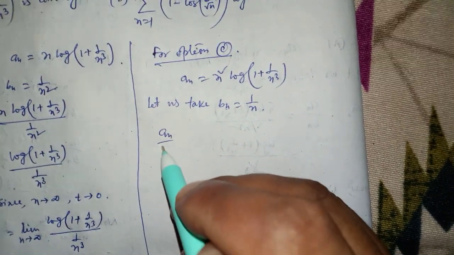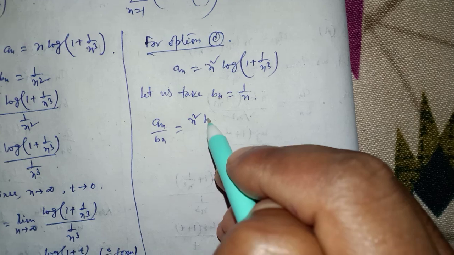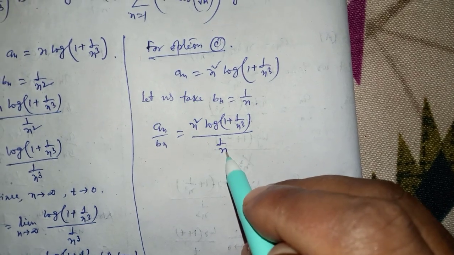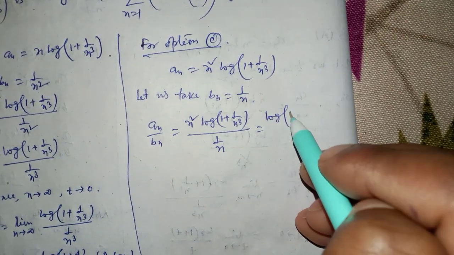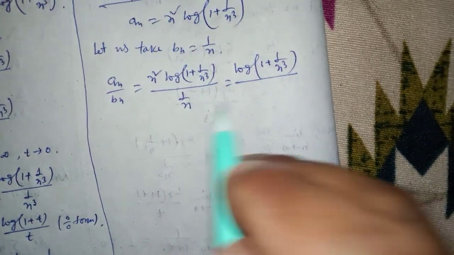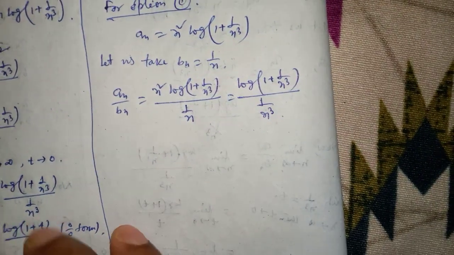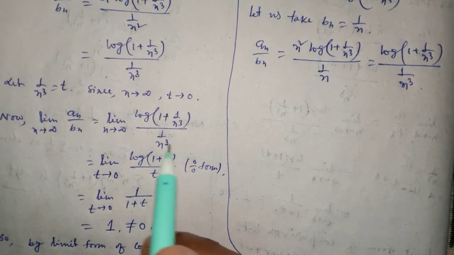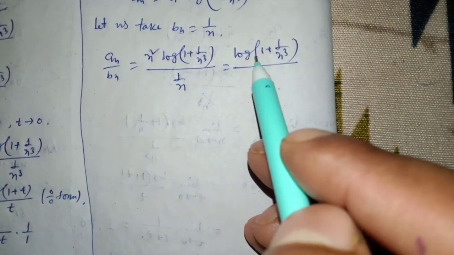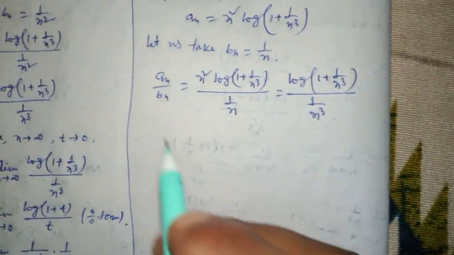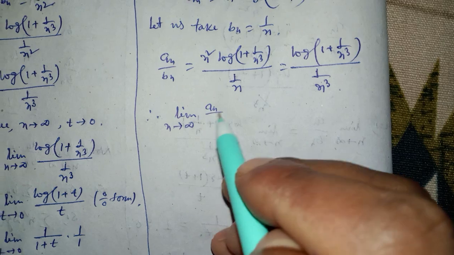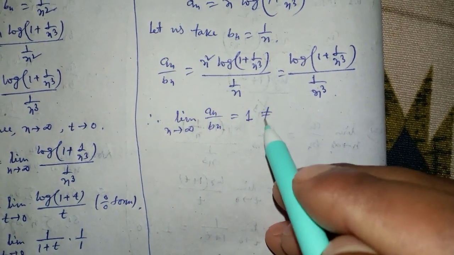So an by bn is equal to n square log of 1 plus 1 by n cube by 1 by n, which is log of 1 plus 1 by n cube by 1 by n cube. So limit n goes to infinity an by bn is equal to 1, which is a non-zero real number.